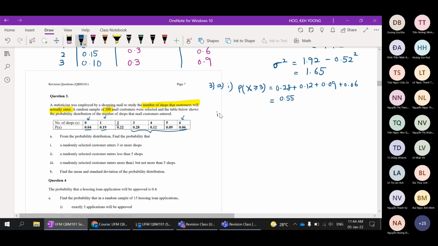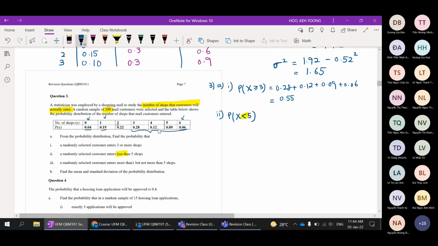Question 2. Randomly selected customers enter less than 5 shops. How do you write it? You will have probability X less than 5. You need to know what symbols to use. Less than, you use this. What are the values less than 5?